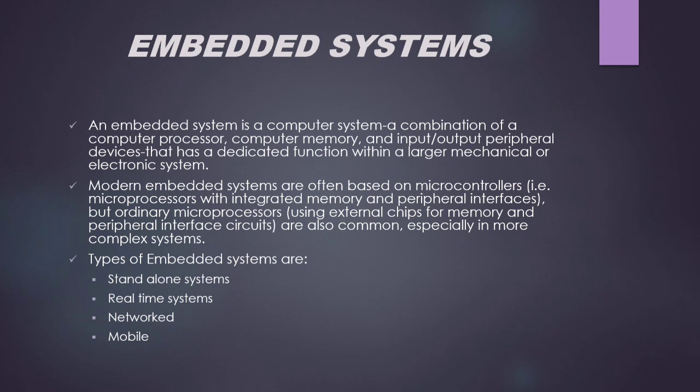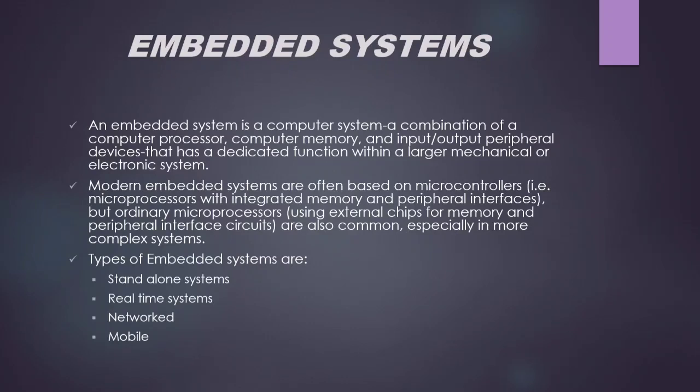What is an embedded system? An embedded system is a computer system, a combination of computer processor, computer memory, and input-output peripheral devices that has a dedicated function within a larger mechanical or electronic system. Modern embedded systems are often based on microcontrollers, that is, microprocessors with integrated memory and peripheral interfaces.